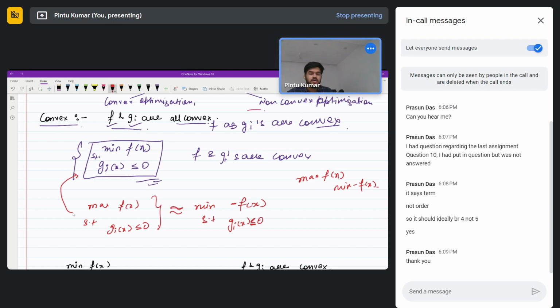Now you want this to be a convex optimization problem. So what does that imply? That your minus f of x should be convex and all your gi should be convex.